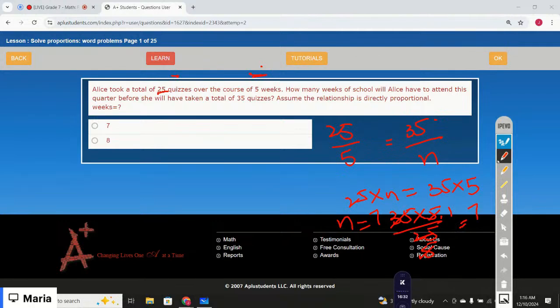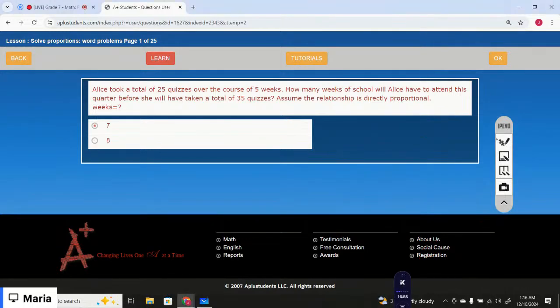So n equals 7. The correct option is option number 1, that is n equals 7.